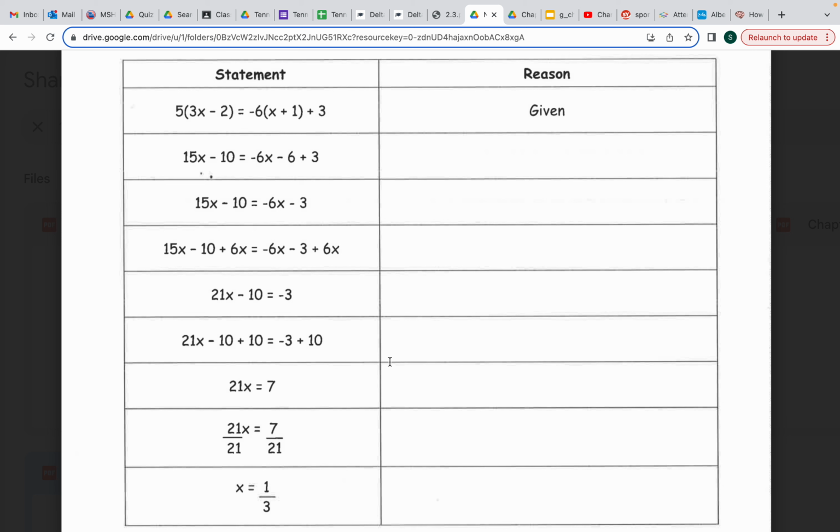Now, what is it doing on that next step? Yeah, it's just simplifying. What did it simplify? Yeah, it just did the negative 6 plus 3. So this is just simplify. I'm just writing that down on the board. Perfect.